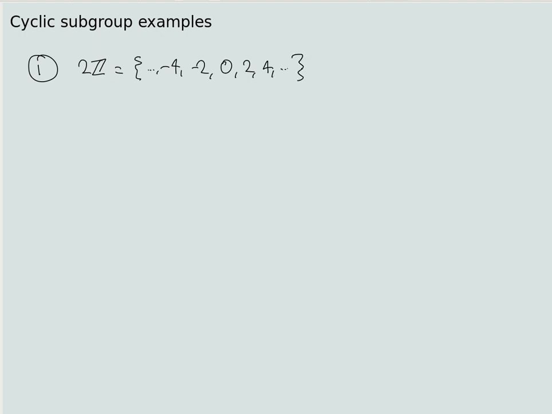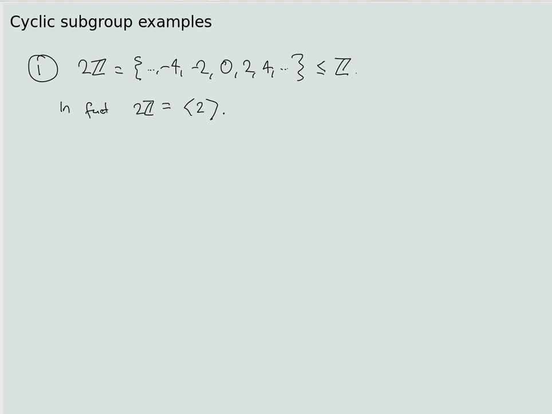We showed that was a subgroup of the group of integers under addition, but in fact it is a cyclic subgroup. So 2Z is the cyclic subgroup generated by 2.